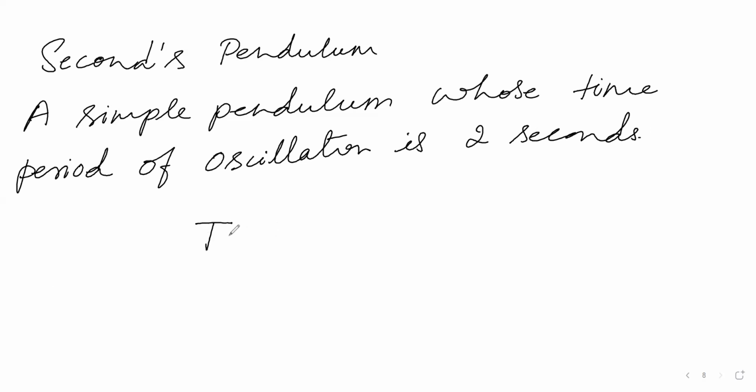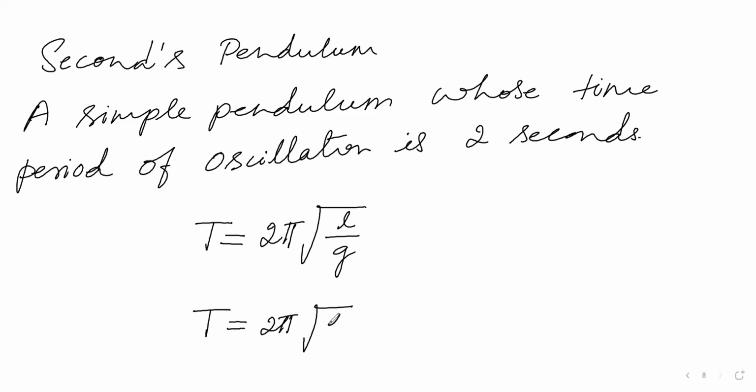Then if you want to find out the length, we know that the time period formula is T equals 2 pi into square root of L by g. We know that T equals 2 pi into square root of L divided by 9.8. Now, further, I can simplify, as we know that the time period is taken as 2 seconds.